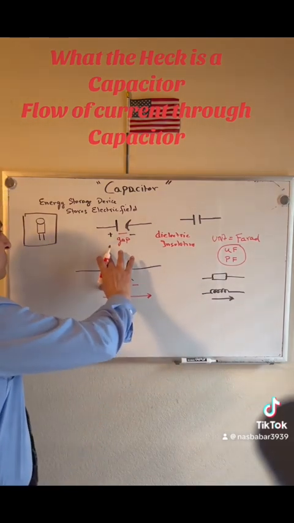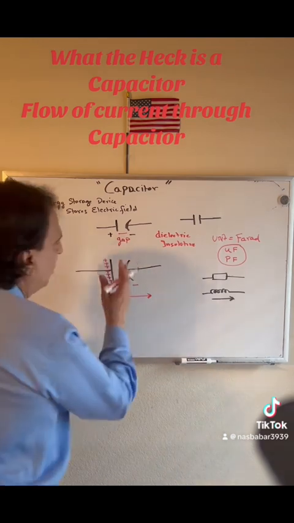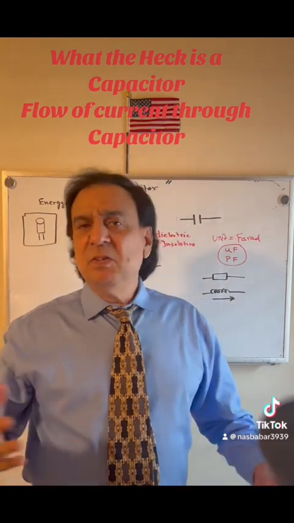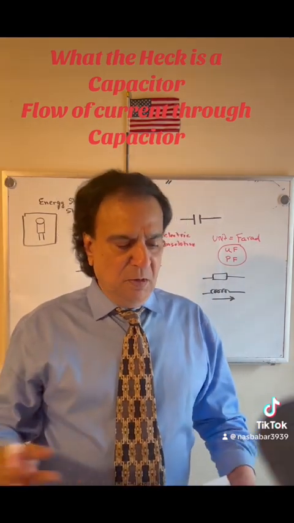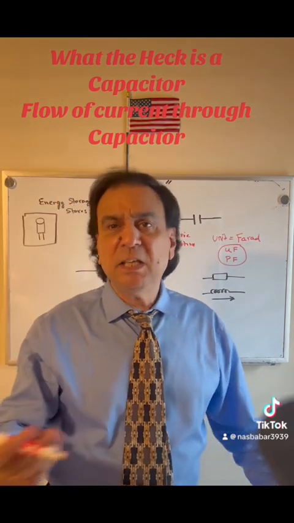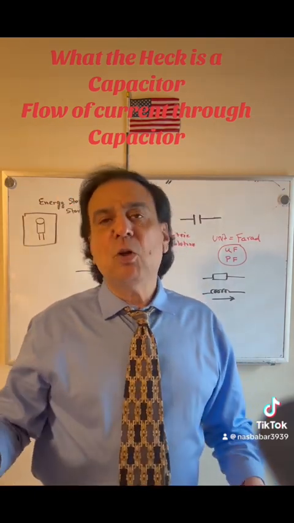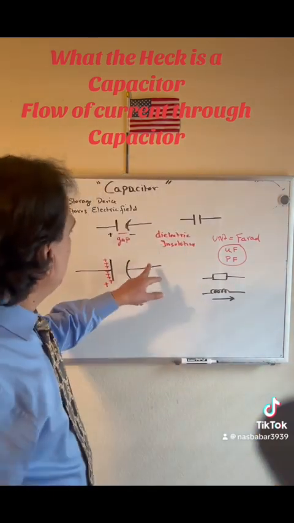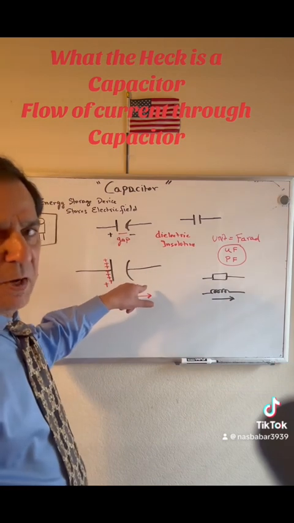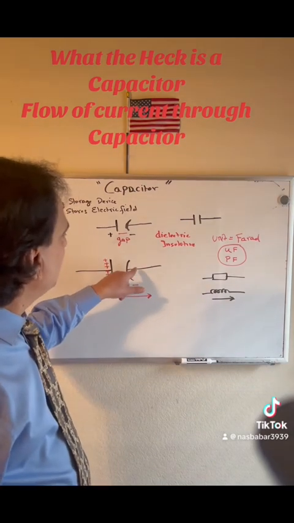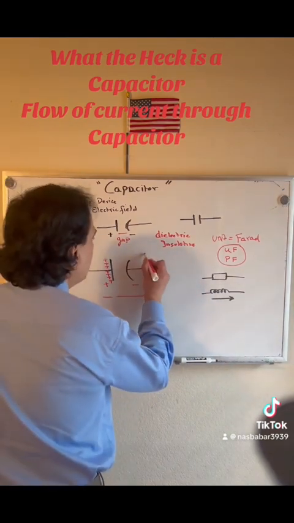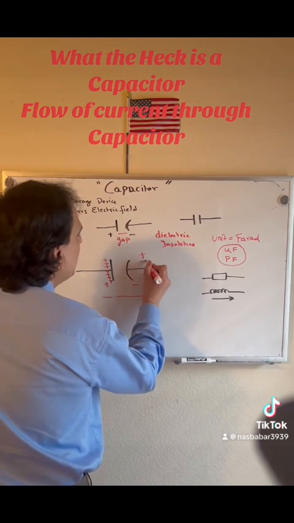When you have positive charge on the left, the plate on the right has atoms. Everything has atoms. This piece of paper has atoms, and this marker is comprised of atoms. Atoms have neutrons, protons, and electrons, so in the atom you have positive charge as well as negative charge.